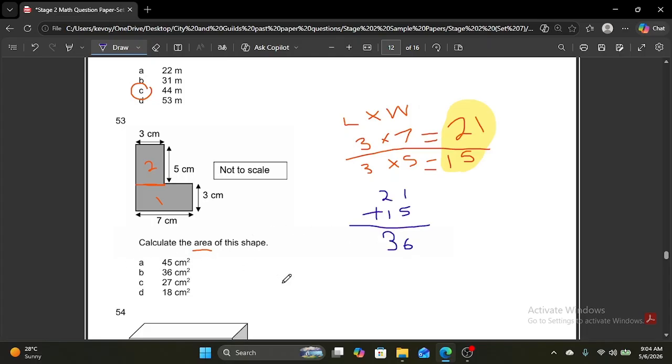What's the answer? 36 centimeters. Please remember your unit squared for area. So 36 centimeters squared. That's our answer right there, for finding the area for this shape.